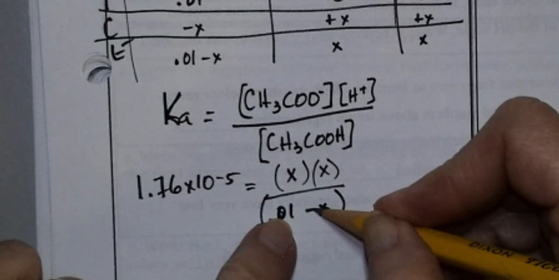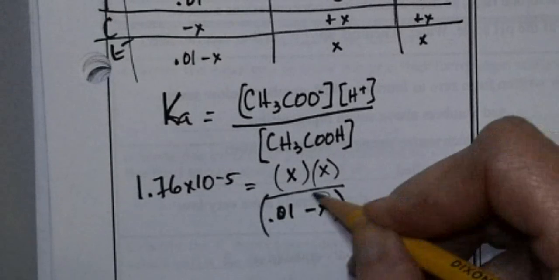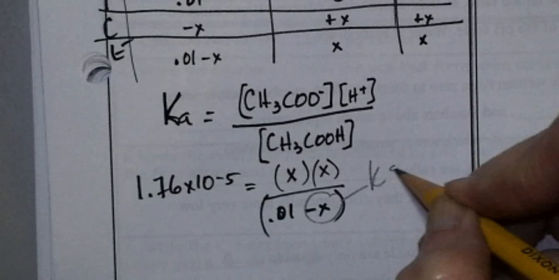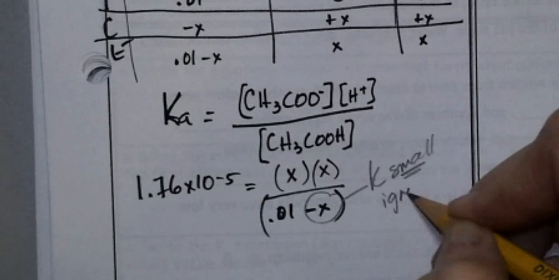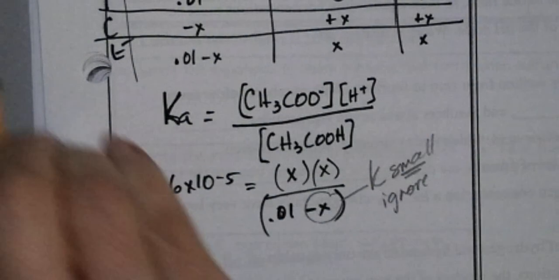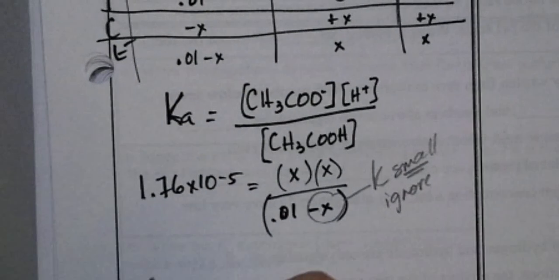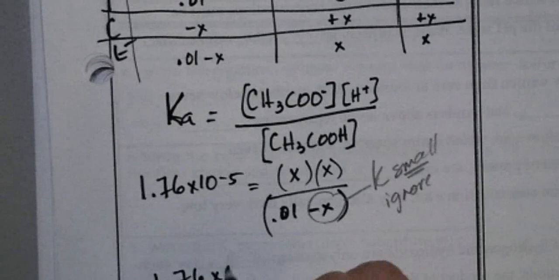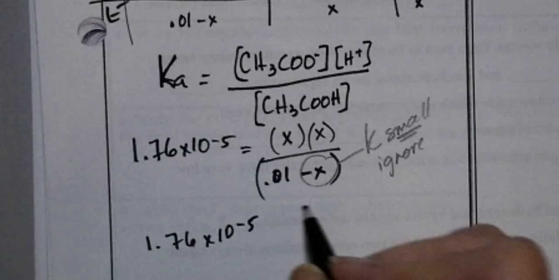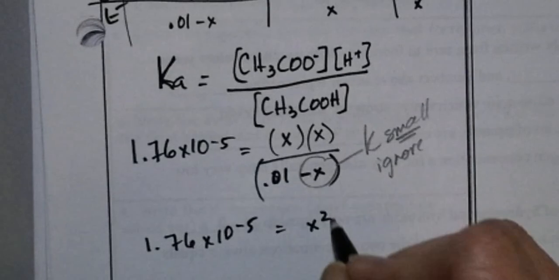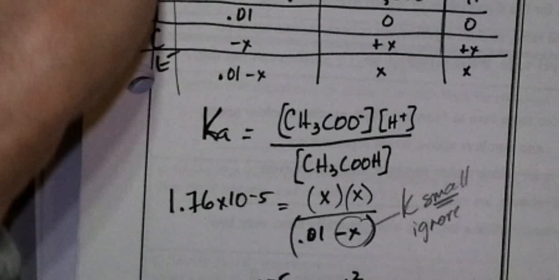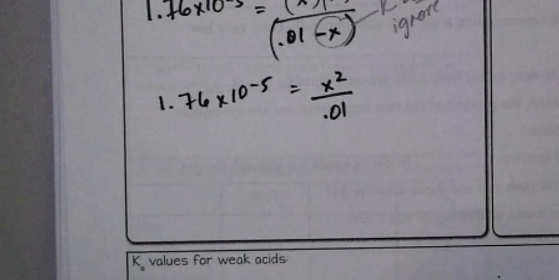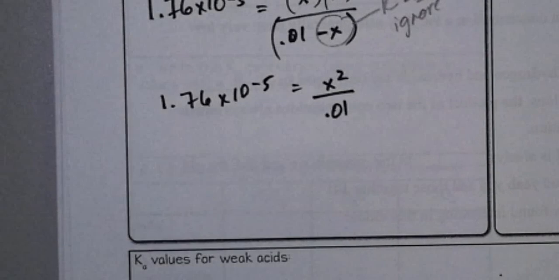So what we have then is 1.76 times 10 to the negative fifth equals x squared divided by 0.01. Now, solve for x. So I'm going to multiply by 0.01 on both sides, right? And then take the square root of that.